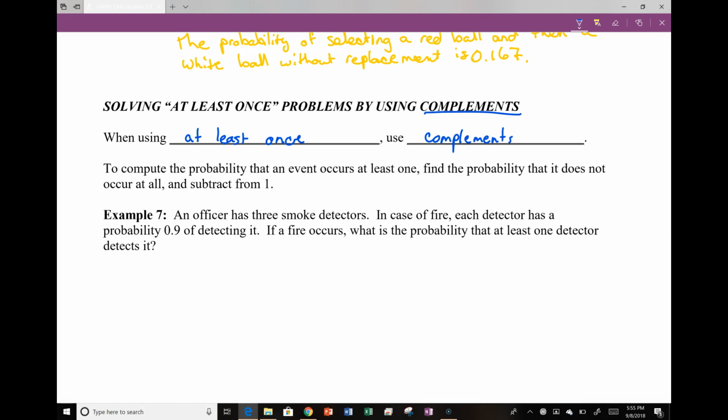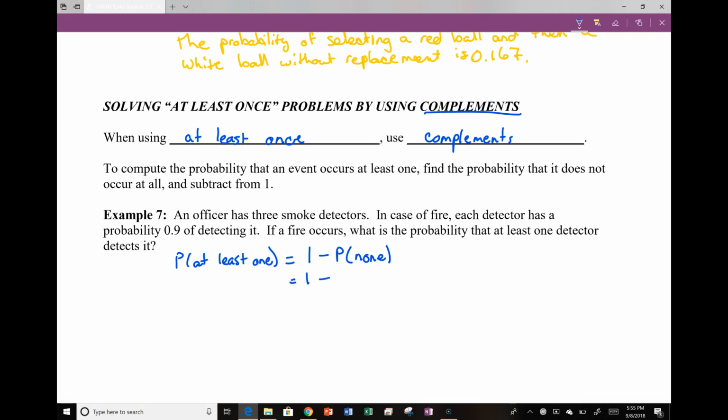An officer has 3 smoke detectors. In case of a fire, each detector has the probability of 0.9 of detecting it. If a fire occurs, what is the probability that at least one detector detects it? So when we want the probability of at least one, that is going to be 1 minus the probability that none of them work. At least one means the opposite of none of them working.